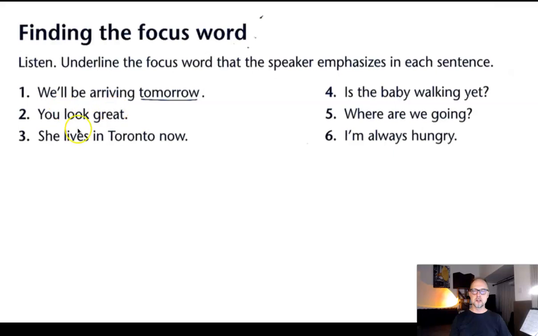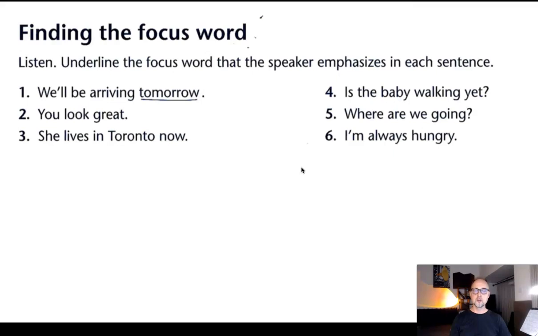So I'm going to read these, and you look at the quiz, right? And select the word which is the focus word, the word where my voice goes up and down, right? So I'll read each sentence twice. So number 2, you look great. You look great. 3, she lives in Toronto now.